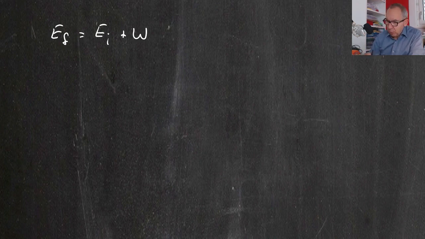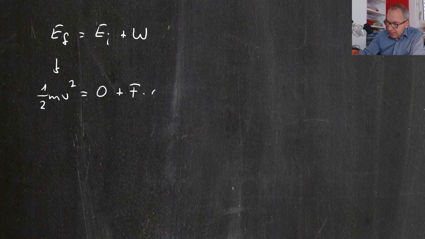Final energy will be kinetic energy, which is 1/2 mv squared. Initial energy is, if we say the electron was at rest, 0, and the work done is force times displacement. The force we have seen, it is the charge multiplied by the electric field, and S is here just the spacing in between these two plates.